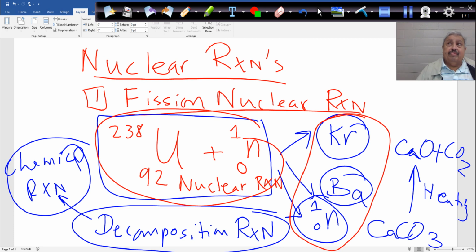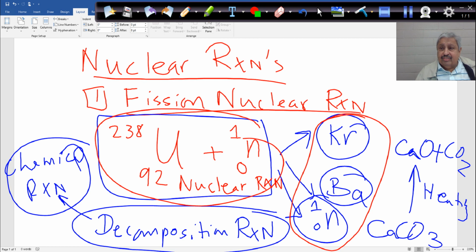The other elements are a smaller amount, but the bigger ones are those lanthanides and actinides. If you bombard them, you break the nuclei of those isotopes, and you are producing lots of smaller isotopes, smaller elements, correct? So that's fission.